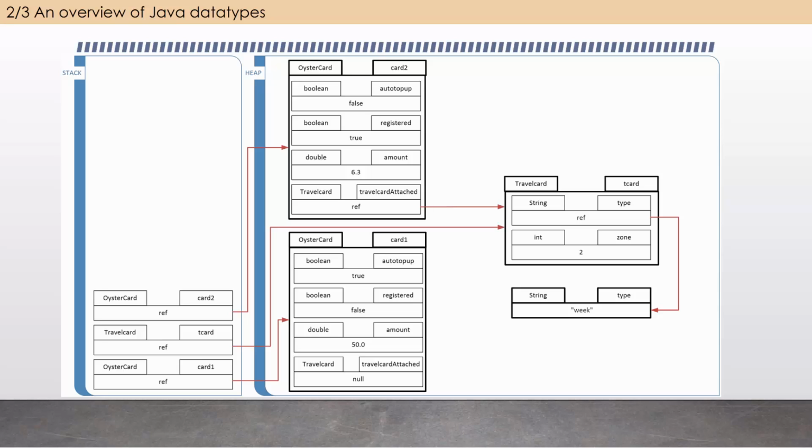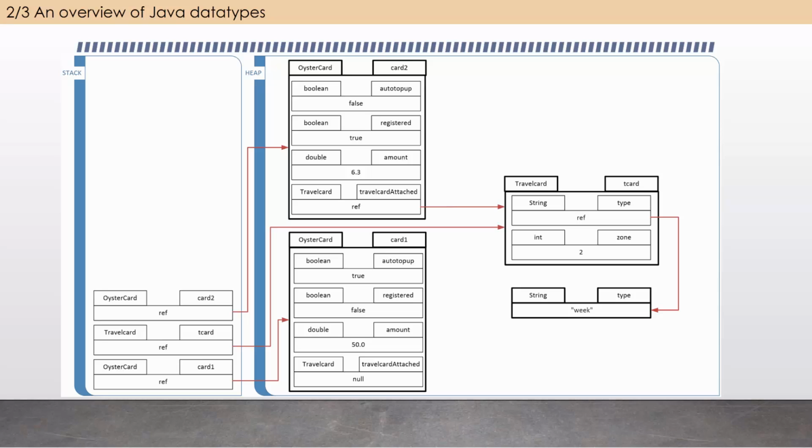Now, an important thing to note here is that the simple types, the ones that actually have a value directly attached to them, all begin with a lowercase letter. So we've got boolean there, a double, and I think there's an int on the right hand side. Whereas all the complex types begin with a capital.